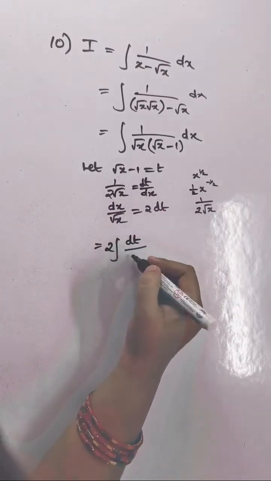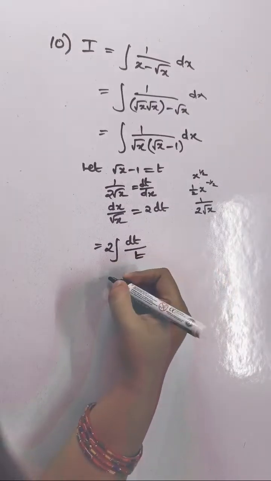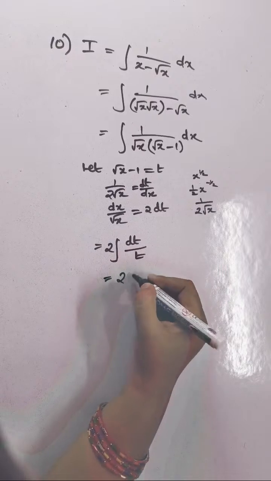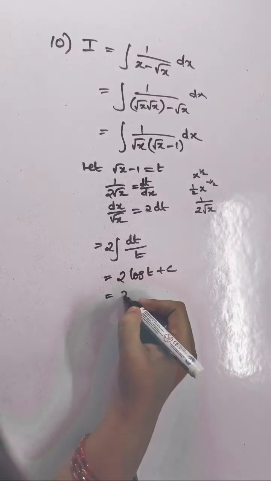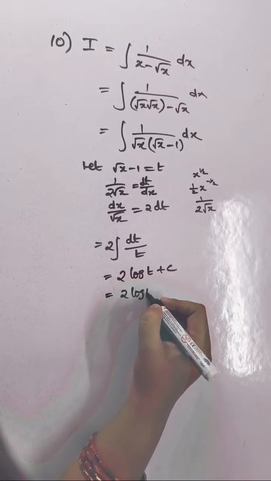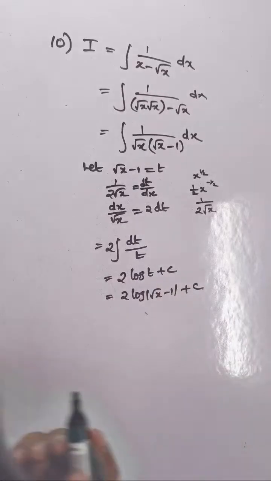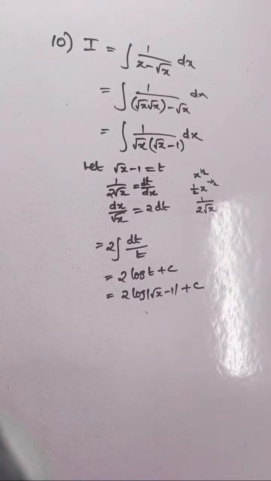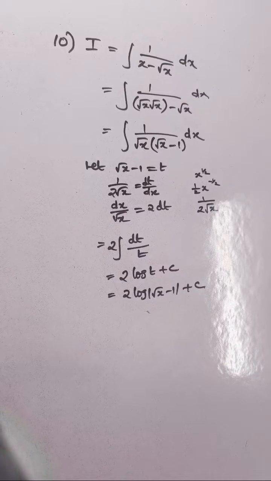Root x minus 1 as t is in the denominator, so you have to write it in the denominator. And 1 by t integration is log t, 2 as it is. And in place of t, replace whatever we have assumed, plus c. So 2 log root x minus 1 plus c is the required answer.